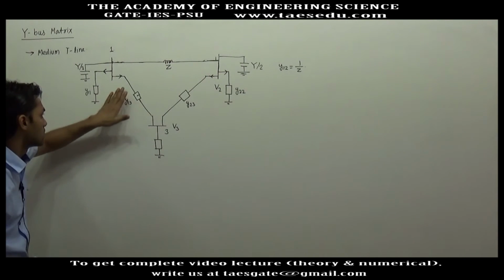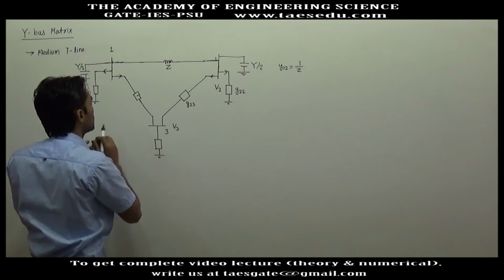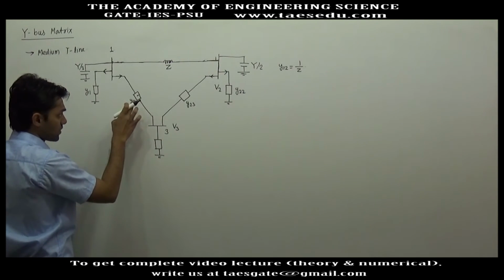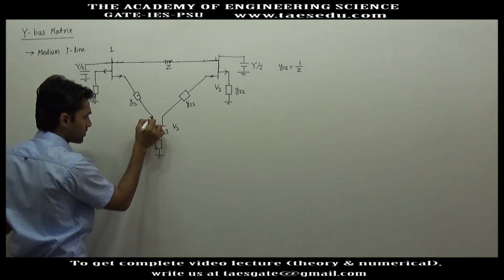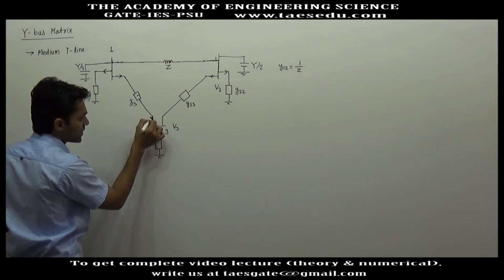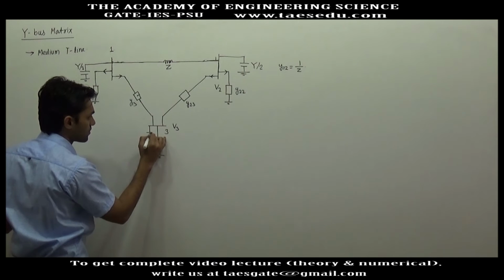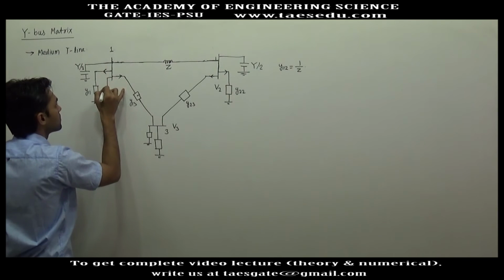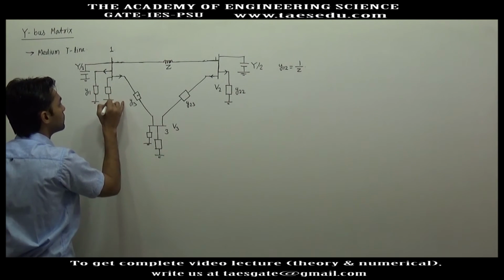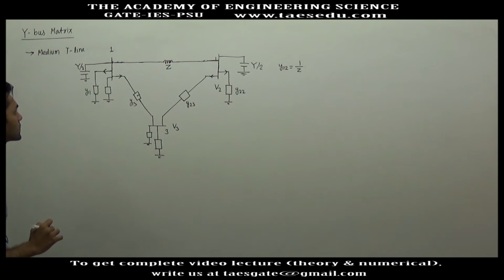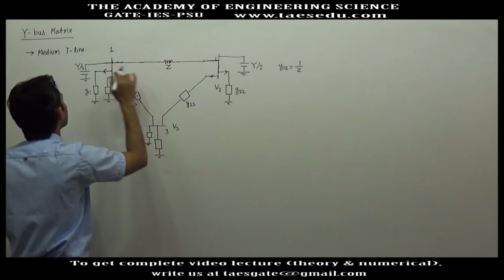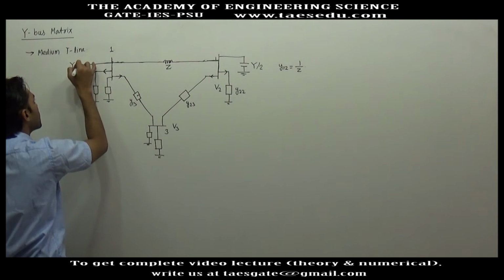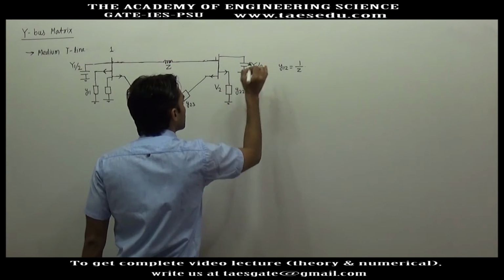Similarly, this transmission line is also a medium transmission line. So in the modeling of this transmission line, we will again have a shunt element, and this shunt element will be connected at bus 3, and the half part will be connected at bus 2. Let's say this is the first transmission line. So here you will have capital Y1 by 2, capital Y1 by 2.